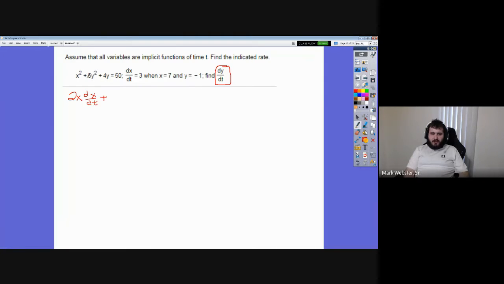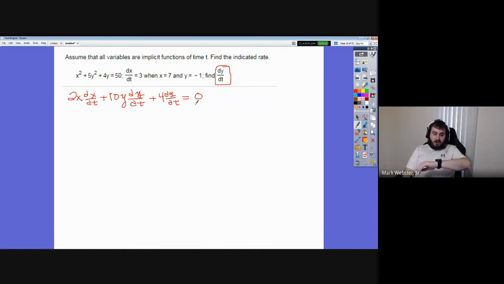The derivative of 5y squared is 10y dy/dt. The derivative of 4y is 4 times dy/dt, right? And the derivative of 50 is 0.